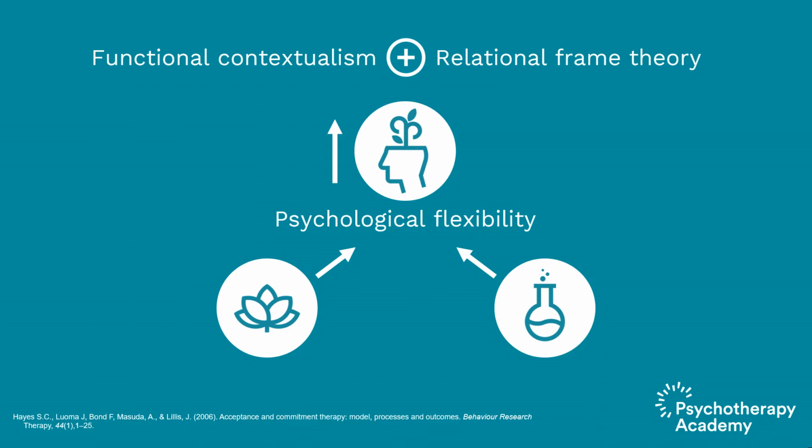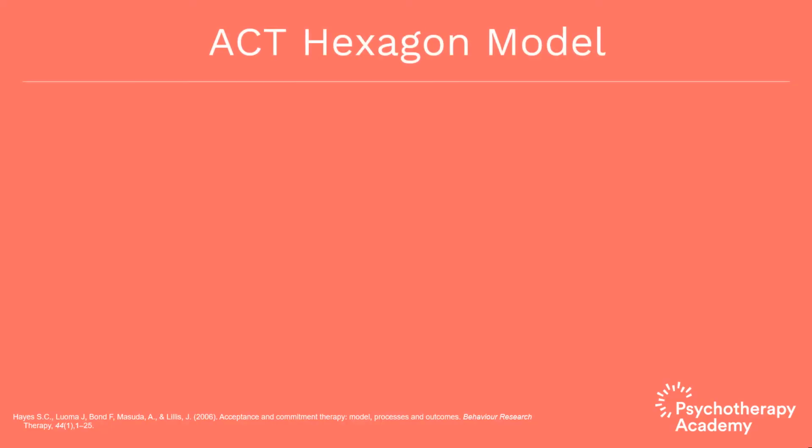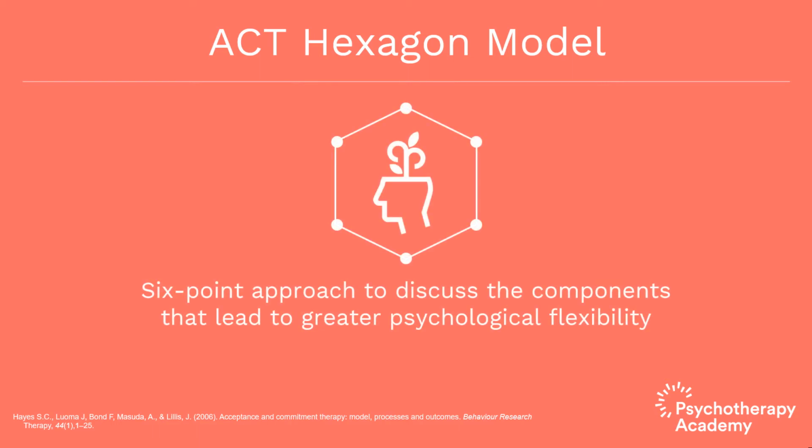There are many different ways to discuss ACT, and one traditional introductory approach to the therapy is to use the ACT Hexagon Model. Steve Hayes and fellow behavioral scientists developed this 6-point approach to discuss the components that lead clients to greater psychological flexibility.